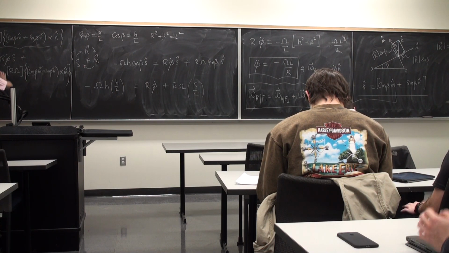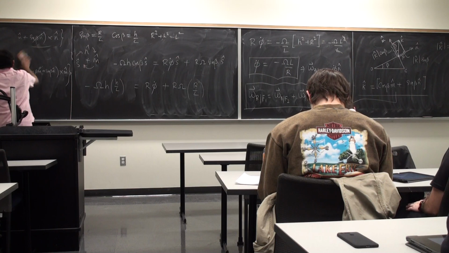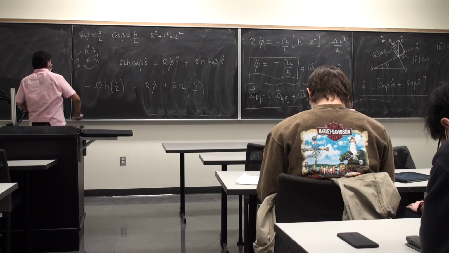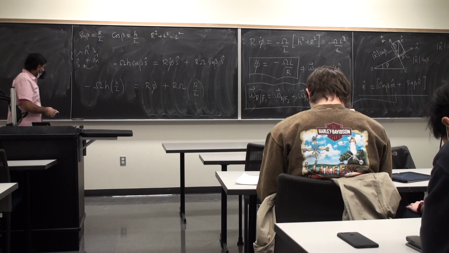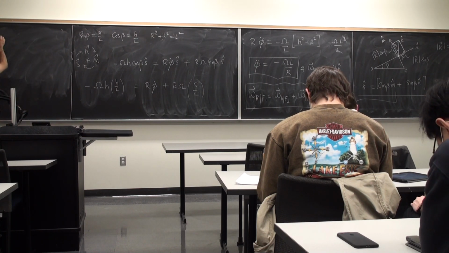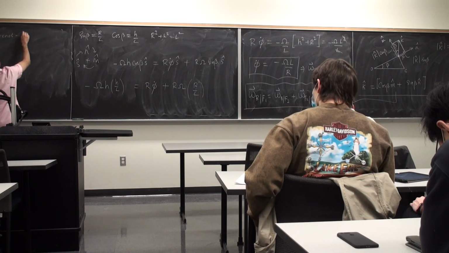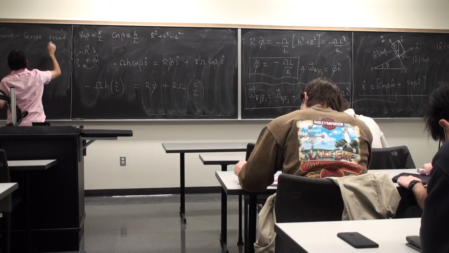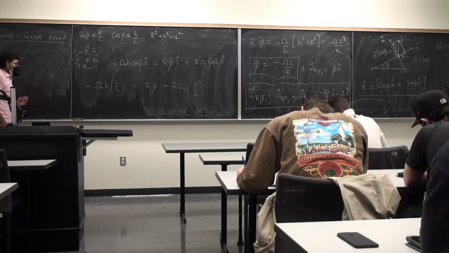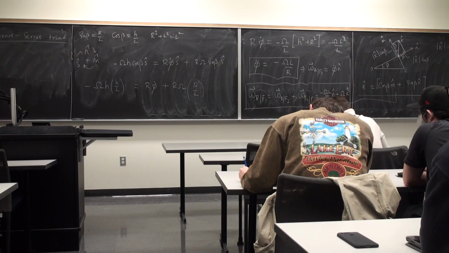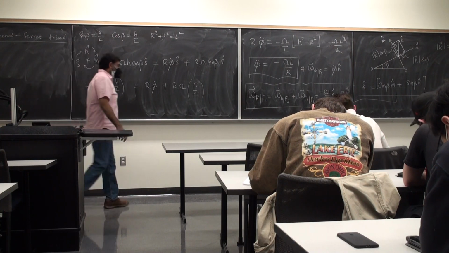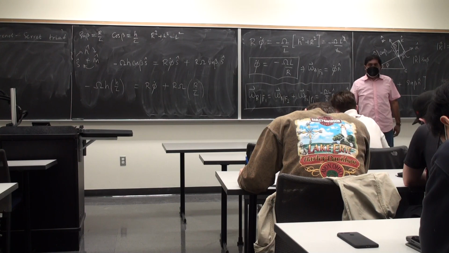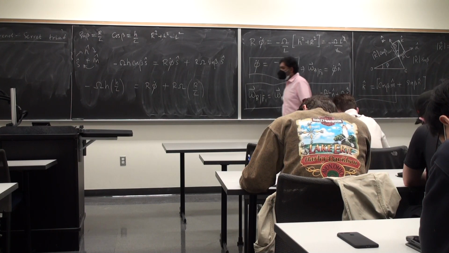On to the Frenet-Serret Frame. Typically called the Frenet-Serret, but I think the other person, Joseph Serret, also contributed to it, so I would like to attach their names together.